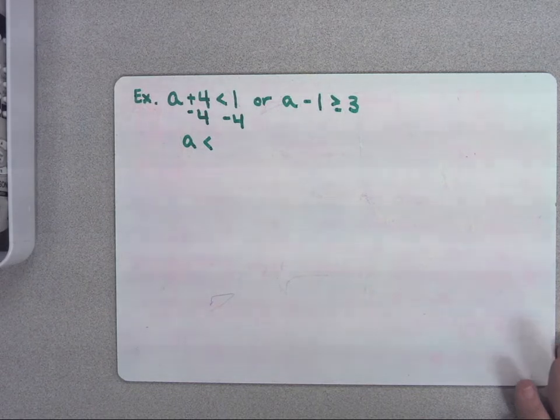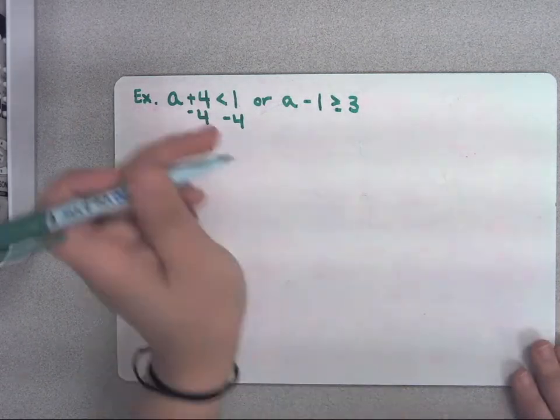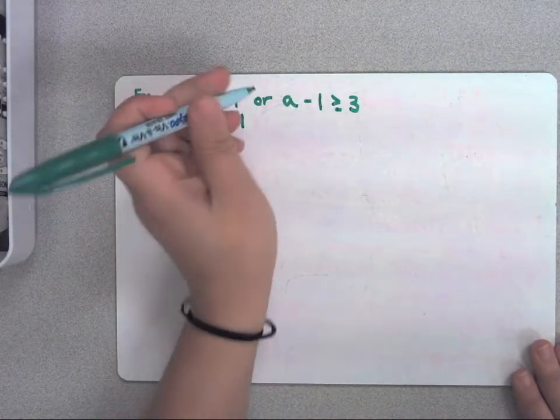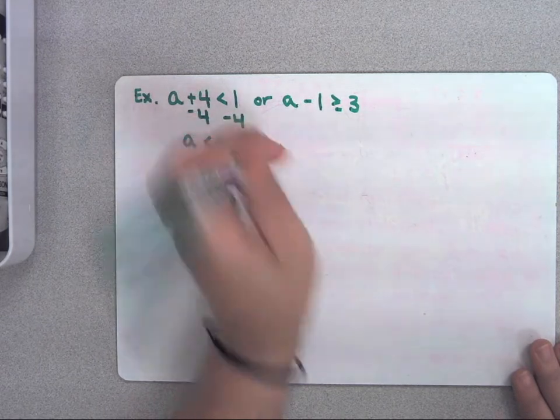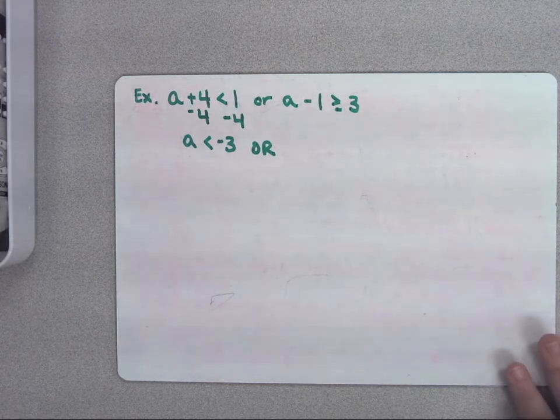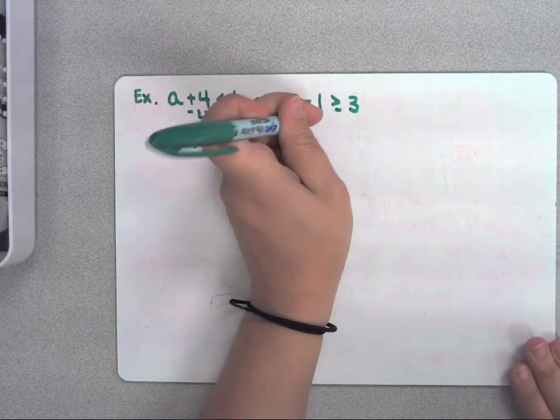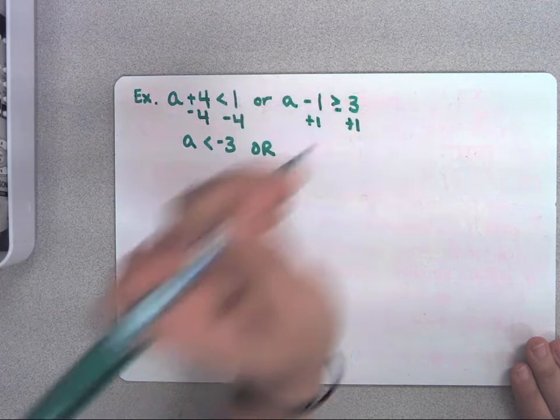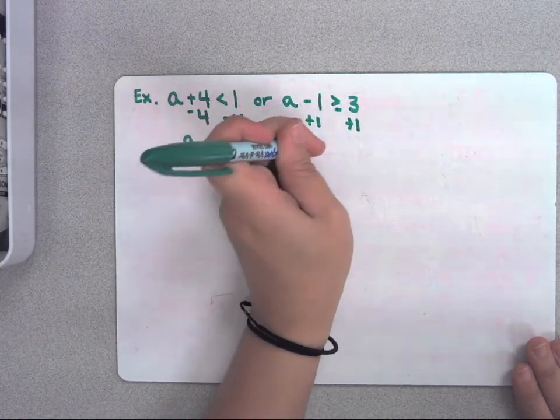What is 1 minus 4, CJ? Okay. I'm going to bring down my word or. What do we do to get the right one by itself, Risa? What's my answer going to be?